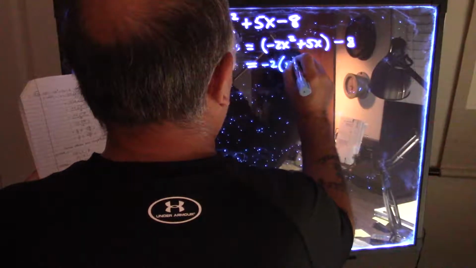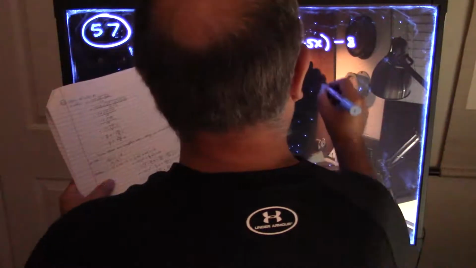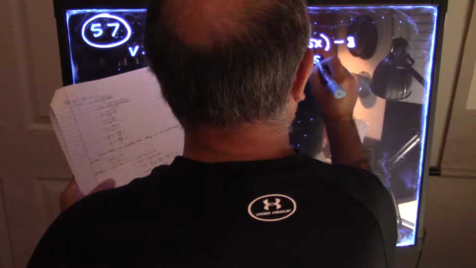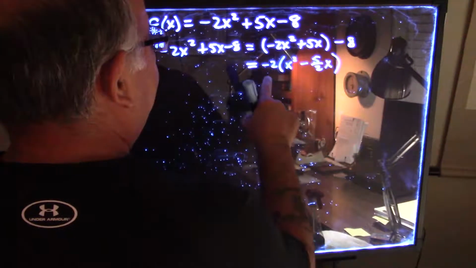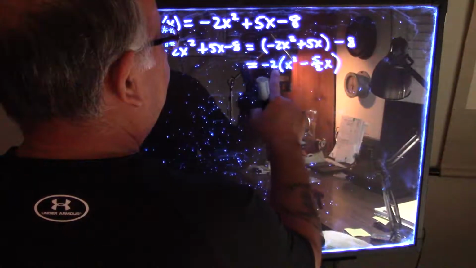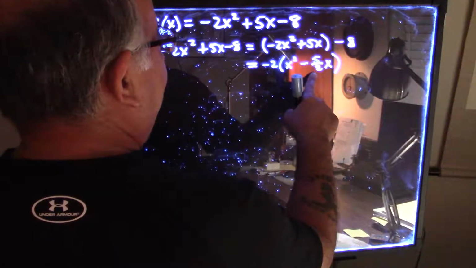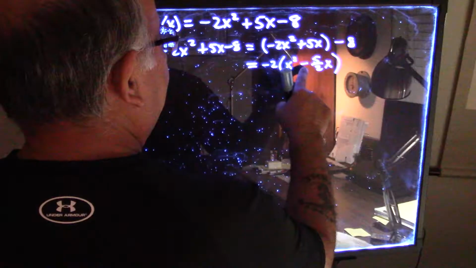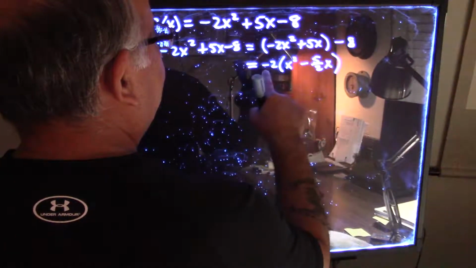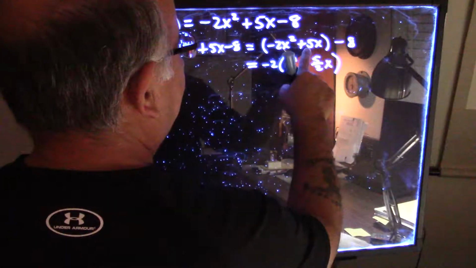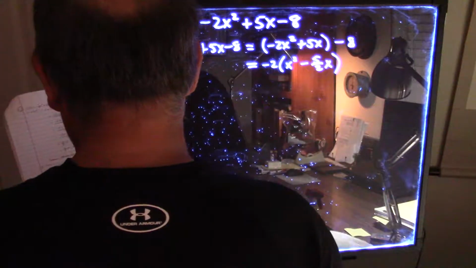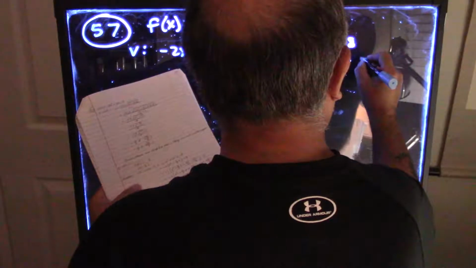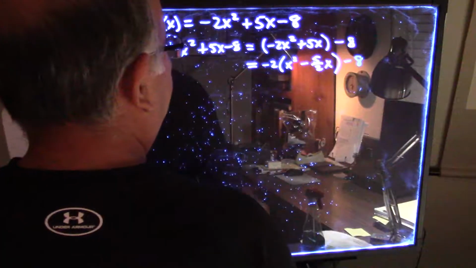That leaves you with x squared minus 5/2 x. If you don't believe that, just multiply it back through. Negative 2 times negative 5/2 x: the 2 cancels that 2 and the negatives become positive, so you get positive 5x, as it should be. And then we've got minus 8.